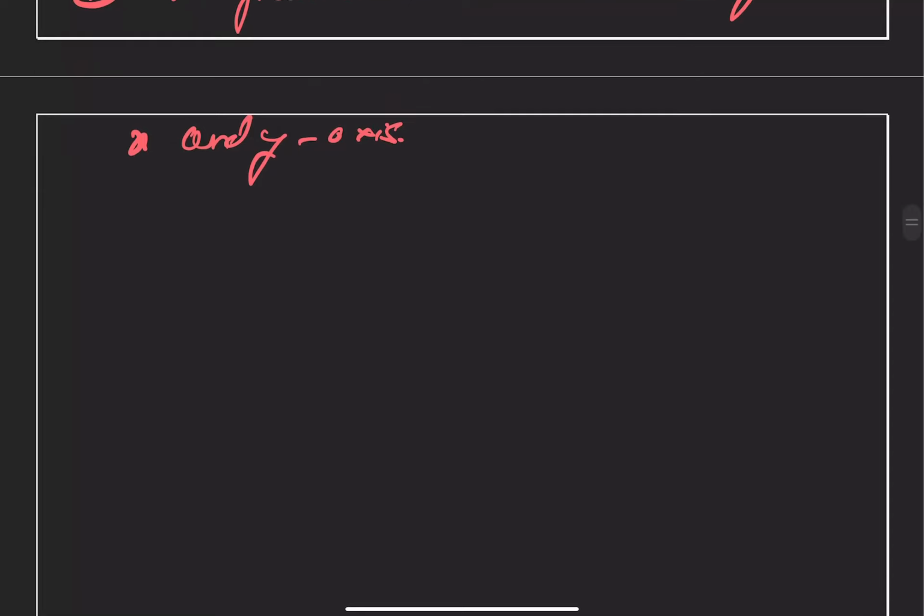So magnetic field along x-axis is B sine of theta, and magnetic field along y-axis will be B cos of theta. This represents our I unit vector for x-axis, and we have y unit vector for y-axis, but it will be in downward direction.